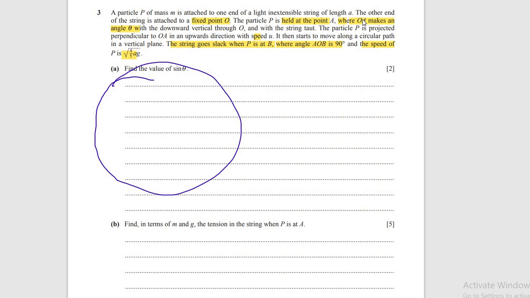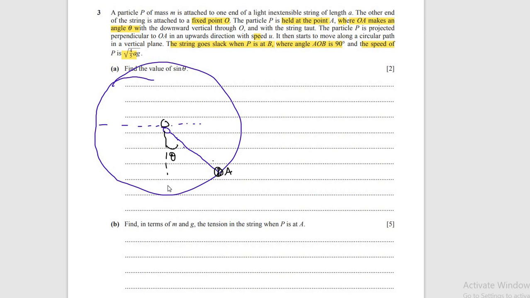Now, if you remember, the question said the string is attached to a fixed point O. Let's say this is O. This is the particle held here, this is A, where OA makes an angle theta with the downward vertical.